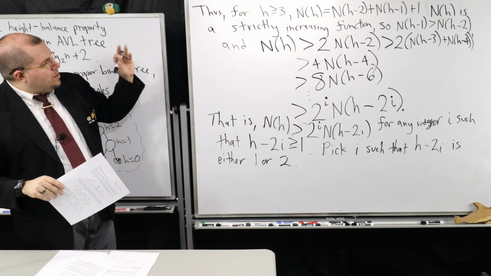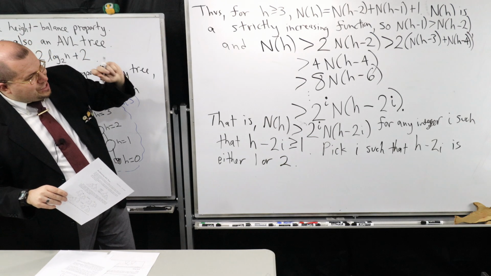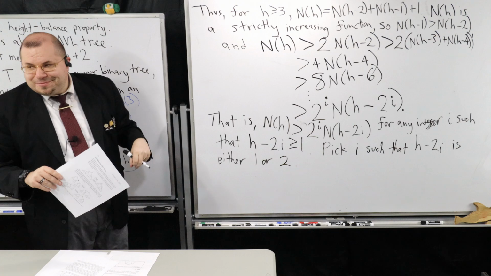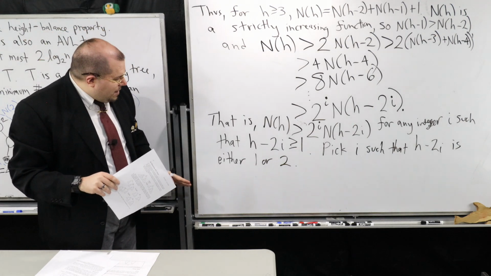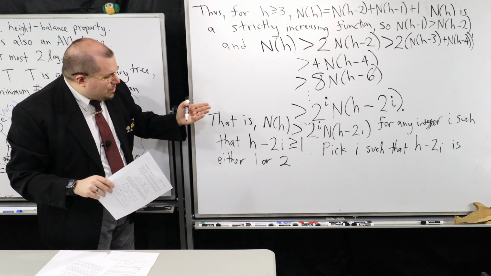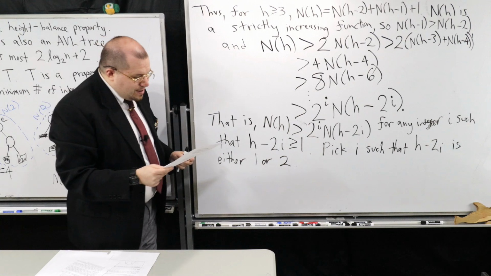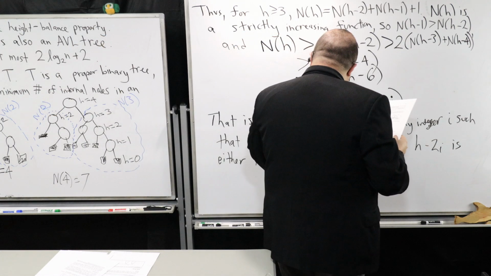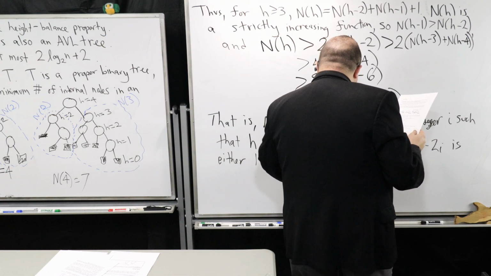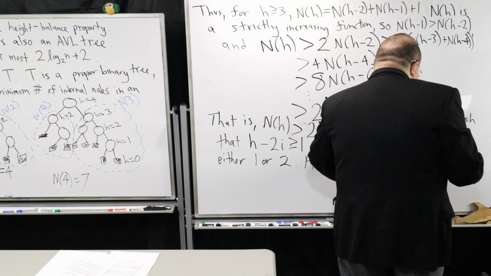So remember, don't lose your eye on the prize. I'm trying to find a relationship between h and n of h. You might ask, Dan, why am I doing this? It's because I know what happens when I consider n of 1 and n of 2. So let's try picking i equal to the ceiling.